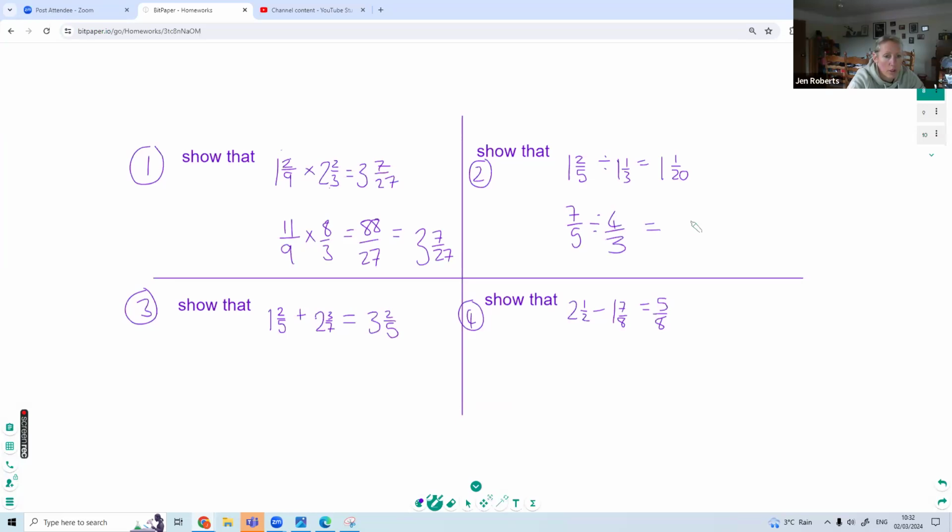Keep, flip, change. Lowest common multiple.